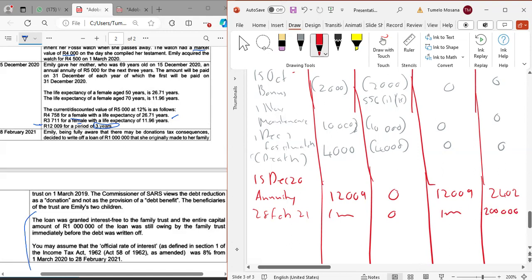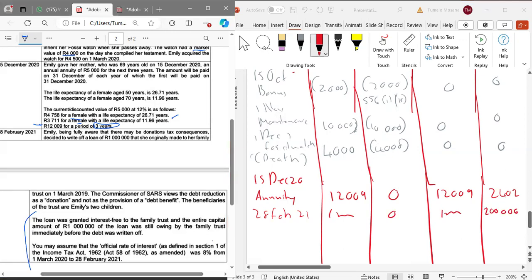So now, this part I haven't taught you, but I can just show it to you since I'm going to teach you in 2 days. This deals with trust, right? The loan was granted interest-free to the family trust, so it triggers Section 7C.